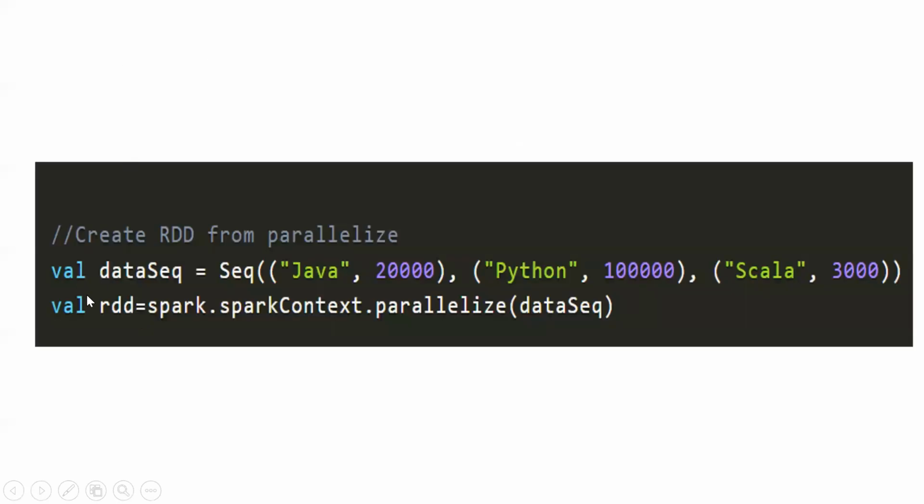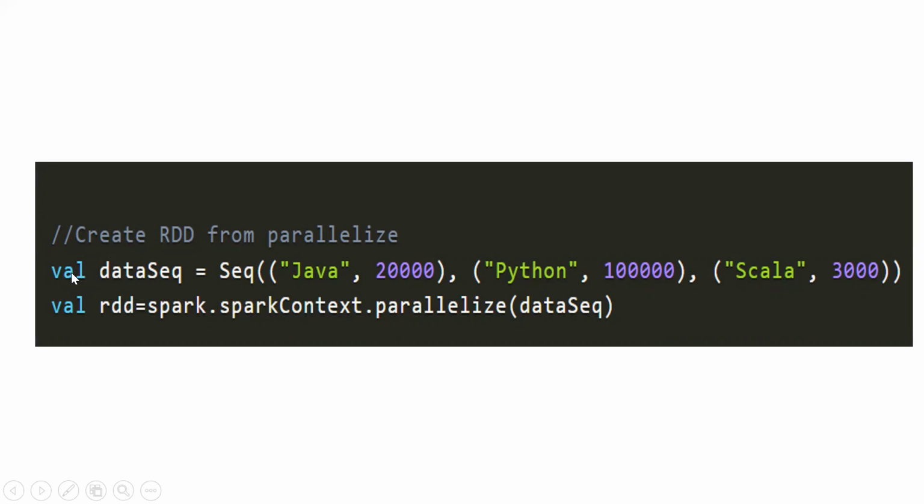We are using val. Val is the constant term. It's Scala scripting, almost similar, no difference. We are using the same methods: Spark context parallelize data sequence. So we're declaring a data sequence at the beginning. Val is a constant term, not a variable.